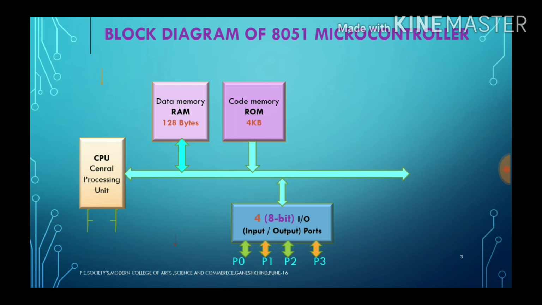bus connected. Along with the parallel communication devices, there are also some input-output devices which need to communicate data serially. Serial communication means communicating data bit by bit. A single wired connection is required, and therefore a serial communication port is also included on chip of an 8051 microcontroller.